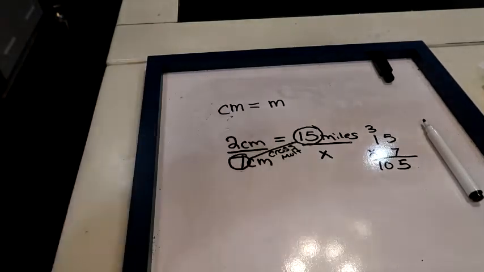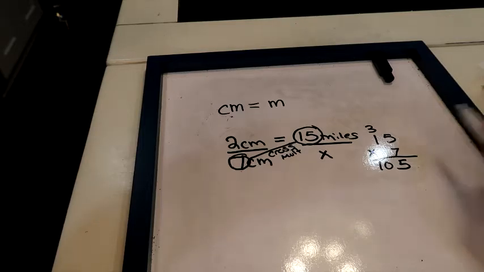I'm just going to double check that because my answer key says something else. 15 times 7 is 105, and then we're going to divide it by 2.